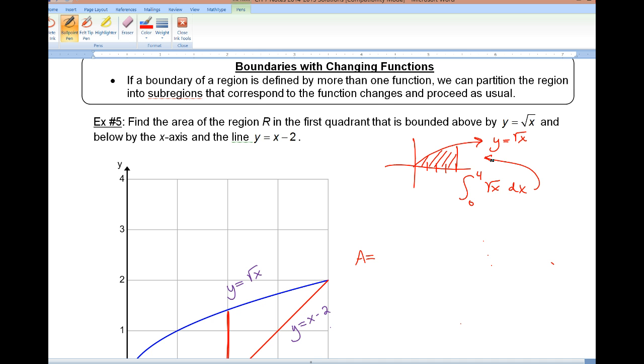I wouldn't do anything from negative infinity because square root of x is only defined for x greater than or equal to 0. So imagine that I took this, but I bounded it by x minus 2, which is what I have here. Notice that square root of x is not defined for values below. So from 0 to 2 it's going to be here, and then the rest of it's bounded by that line.